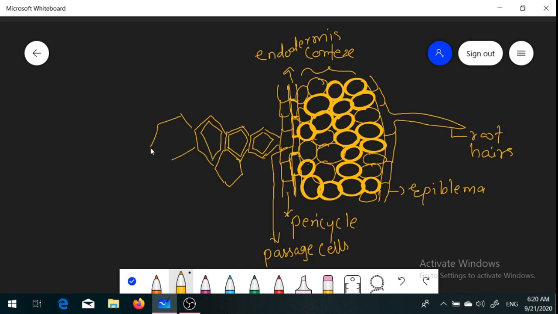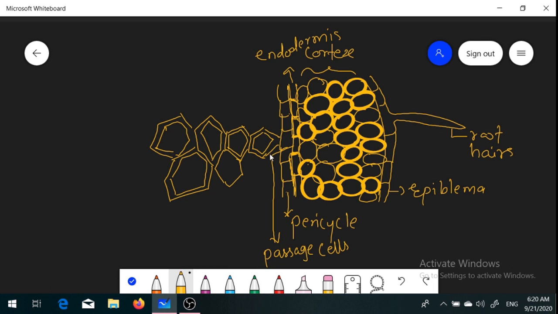The metaxylem means cells of the xylem which are bigger in size, which are larger in size, and the protoxylem means the cells which are smaller in size. Okay.